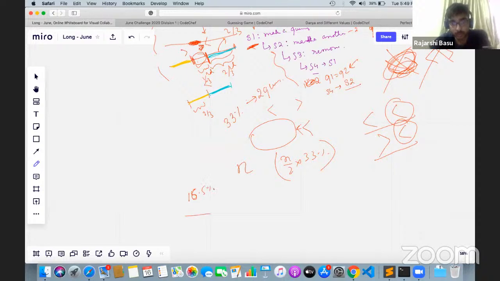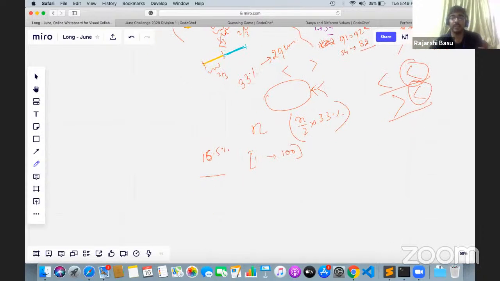So now let's use the range 1 to 100. I have also given a test dry run in the editorial as well. So let's say we get a greater than at 50. And then you query 33, right? So your two portions were 1 to 50 and then 51 to 100, rather 1 to 49.